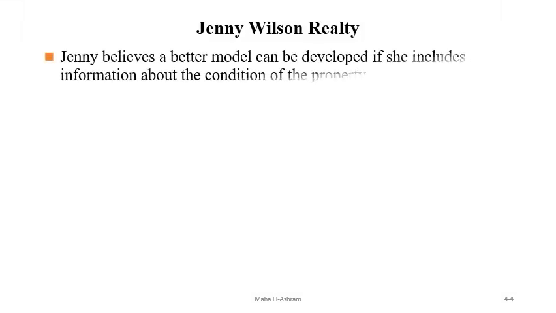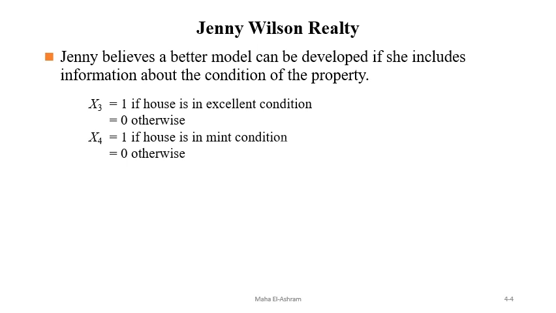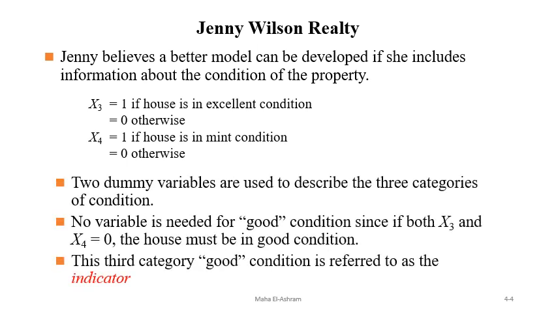Now let's see how we can do this. We will start by defining x3, and as we said, every binary variable defined will have only 2 values. What are these 2 values?